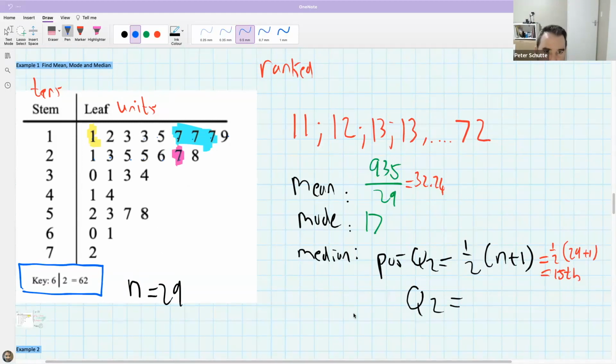It is something else. What do you think the actual median is? So the actual median is going to be the value 27. And if you think about what the median does, it says there's 50% of the data above it and 50% of the data below it. And once you know how to use the position formula, life is good.